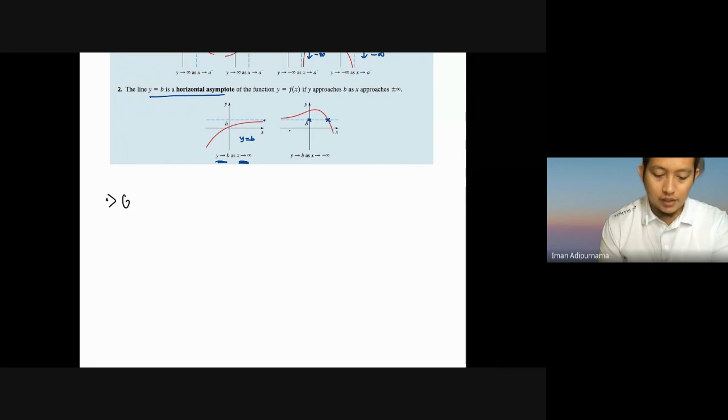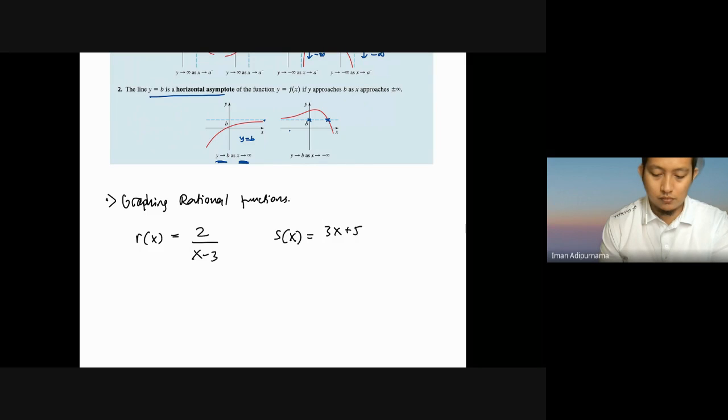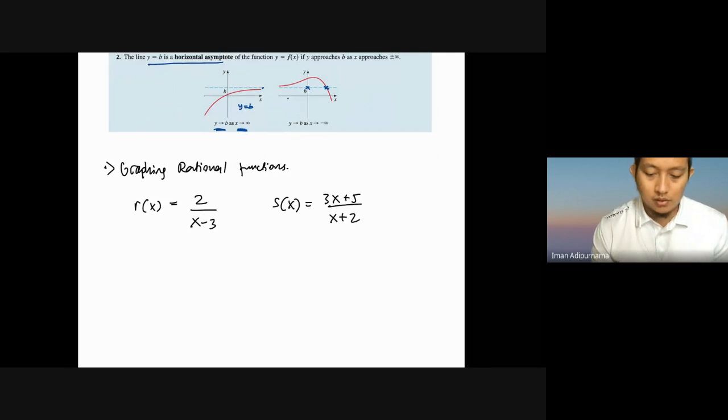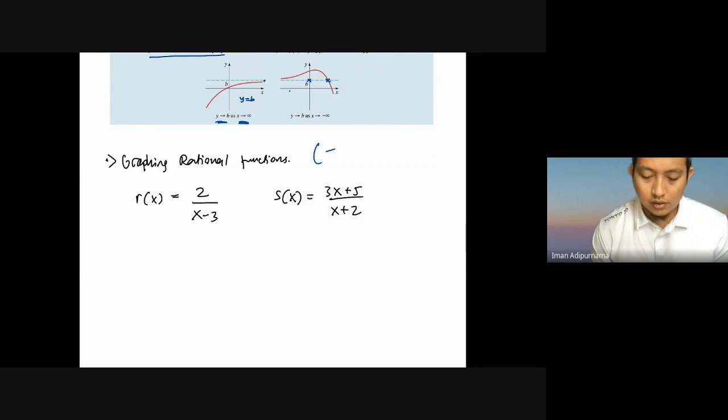This is graphing rational functions. Okay, one way to graph is we can use transformations.